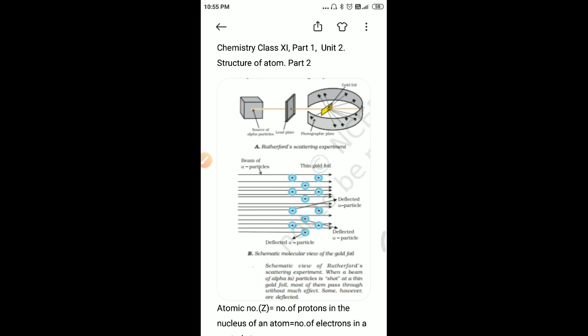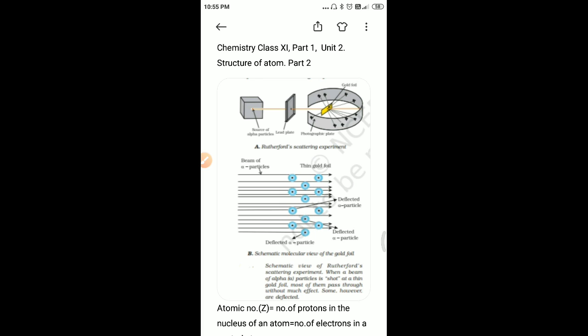Next we'll discuss the Rutherford nuclear model of the atom. Rutherford and his students Hans Geiger and Ernest Marsden bombarded a very thin gold foil with alpha particles. Rutherford's famous alpha particle scattering experiment is shown in the figure here.